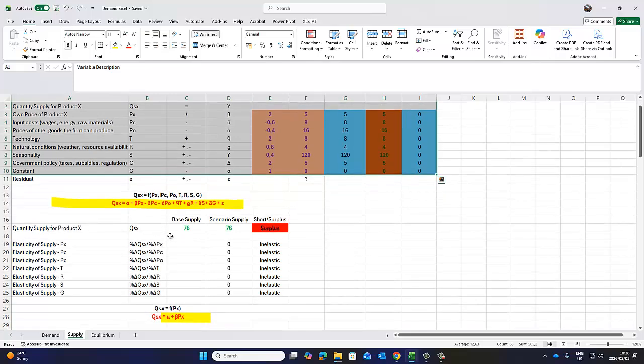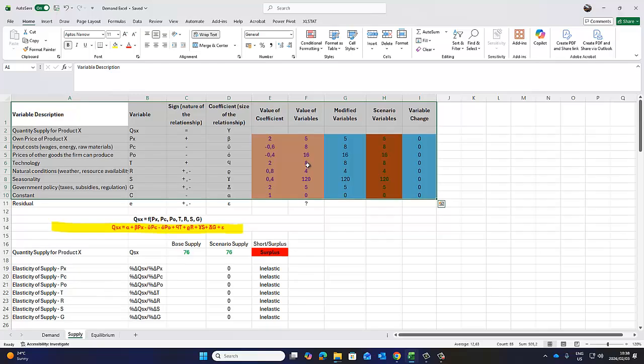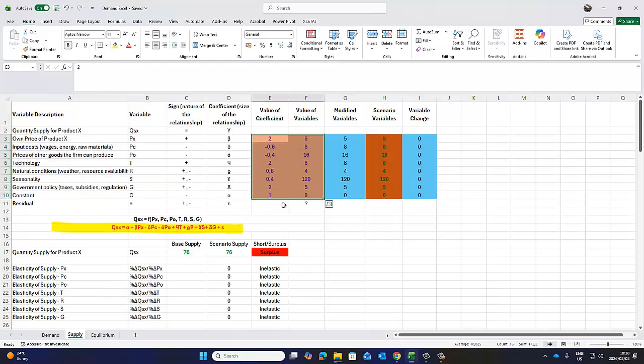And then with that basic supply function, assuming these initial values, I can calculate my base quantity supply, and I can calculate my scenario supply. If the scenario supply is more than the base, then I have a surplus.